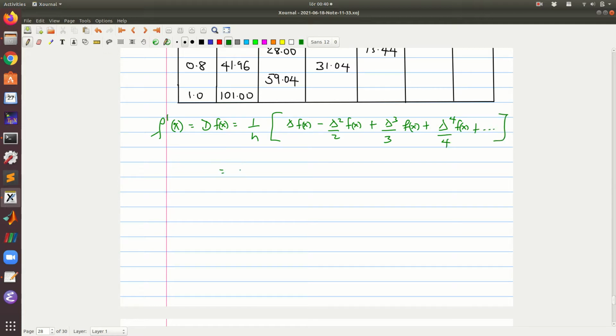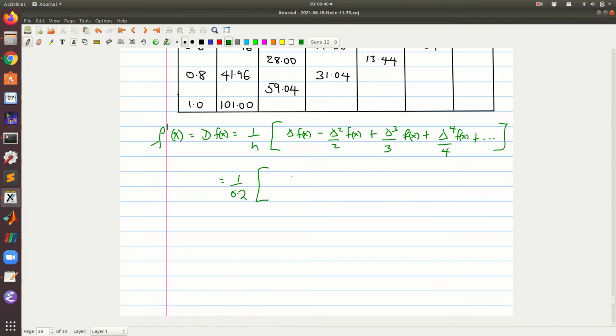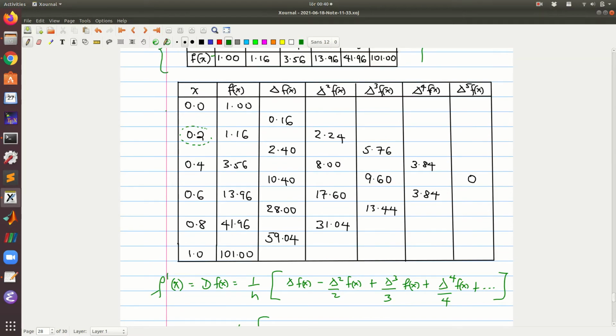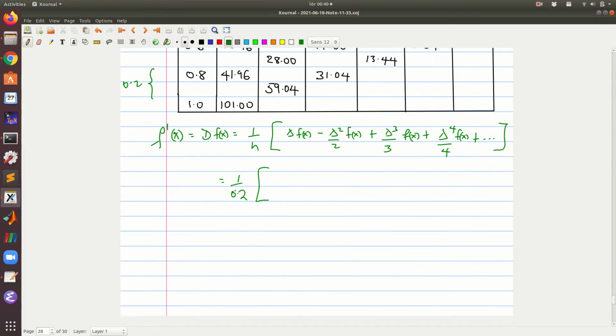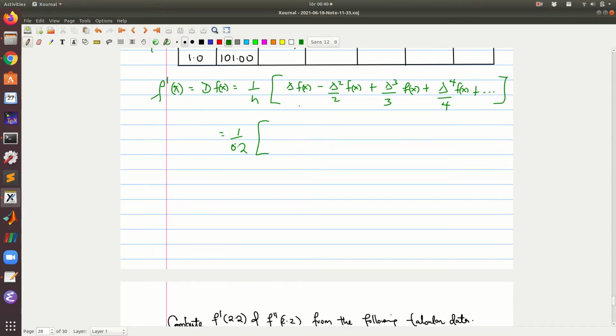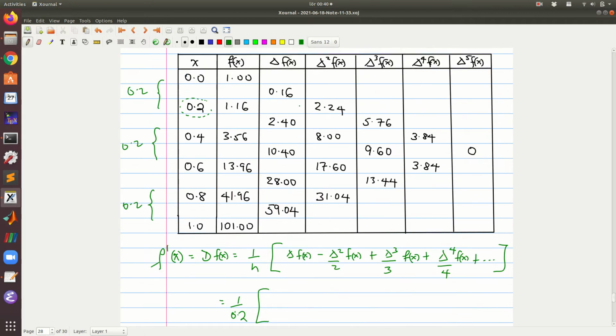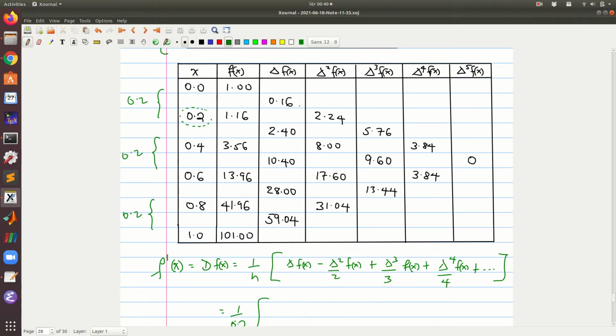Okay, so the rest is just a matter of substitution because we have everything here. H is 0.2. This step length is uniform, 0.2. So H is 0.2, and then the first forward difference here is 2.40.